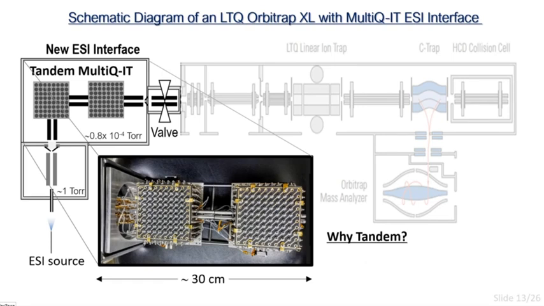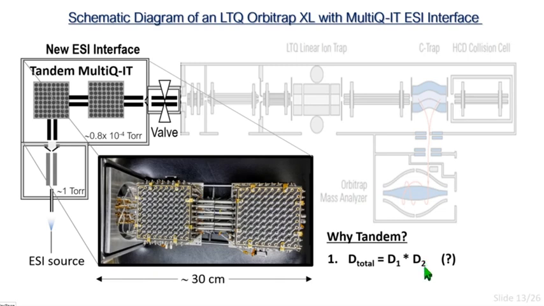And let me remind you why we wanted to build a tandem configuration. We had at least two purposes. One is that previously I showed that a single MultiQ ion trap lets us get rid of singly charged ions by a factor of 30 to 50. And we thought that if we put two together, we will get a very high depletion efficiency, because the two processes are independent, so we will have the product of the depletion efficiencies of each device.